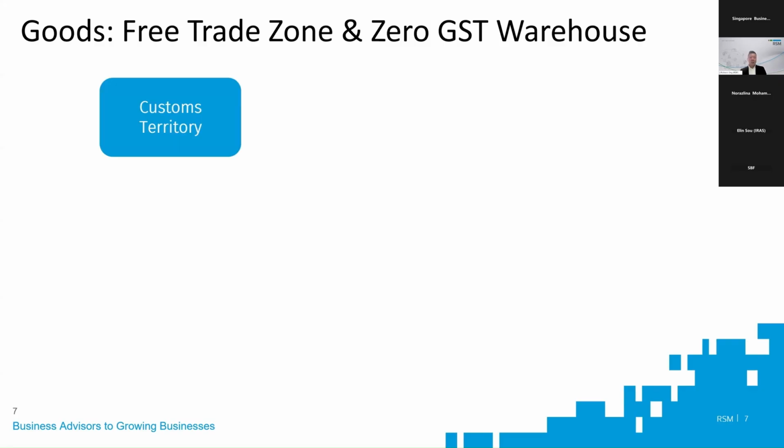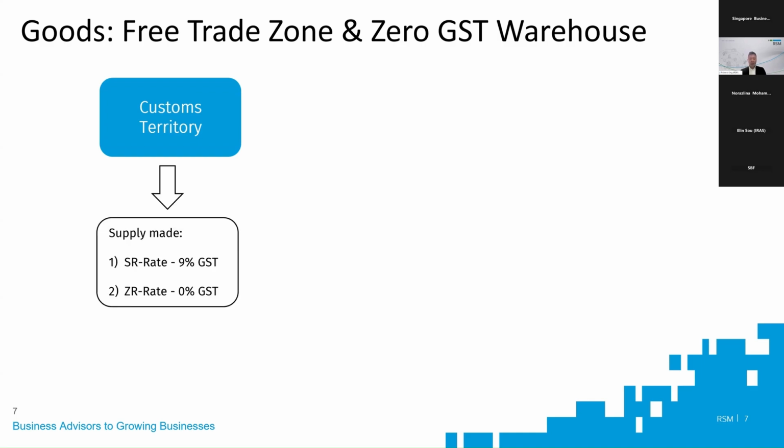Okay, obviously, the Singapore customs territory will be where if you were to make a supply, you'll be taxable at 9 or 0%. For 0% to apply, generally, we need to prove that the goods are indeed exported with the transaction and transport documents.